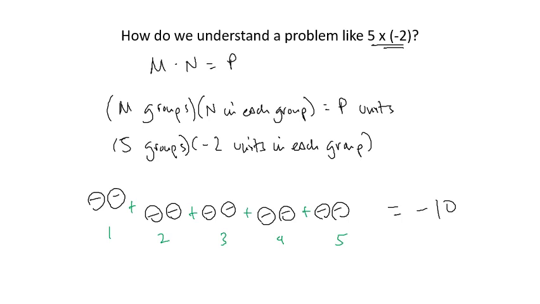Now, if I were to switch this around to say negative 2 times 5, now I have negative 2 groups, each containing 5 positive chips. And that's where we run into trouble, because the number of groups is inherently like a distance, and so it's inherently like a positive number.